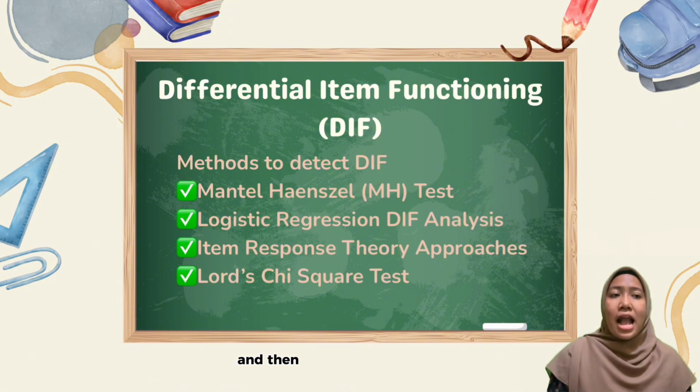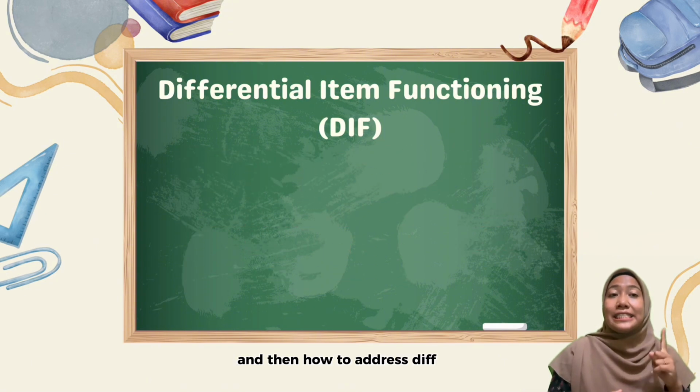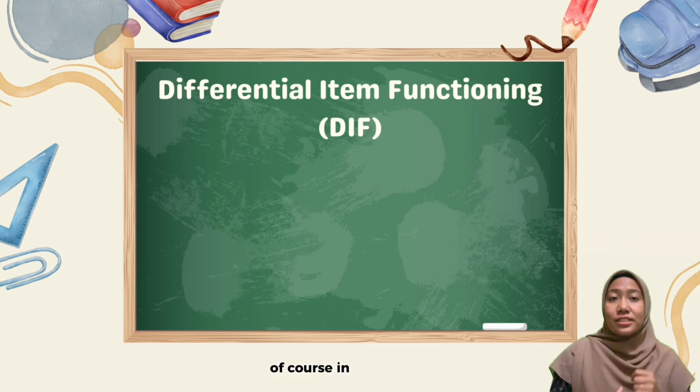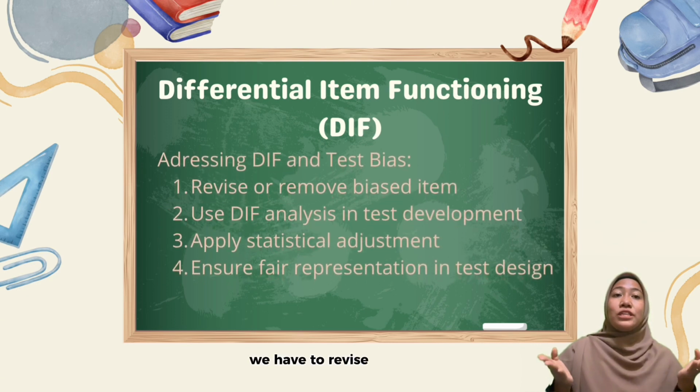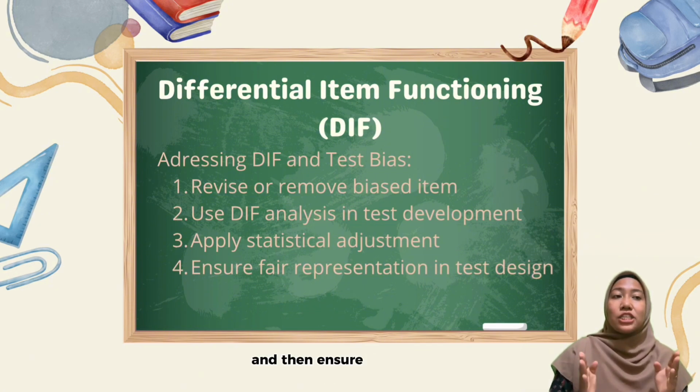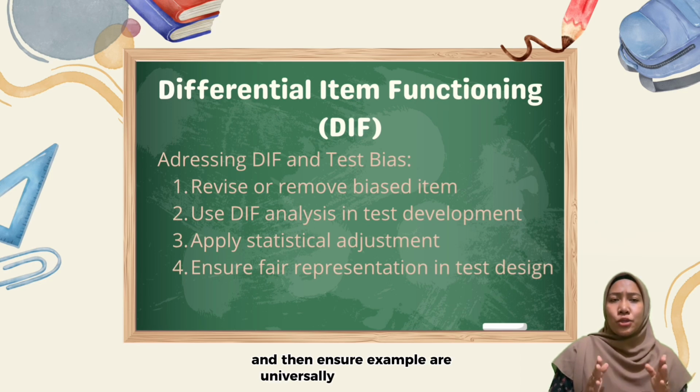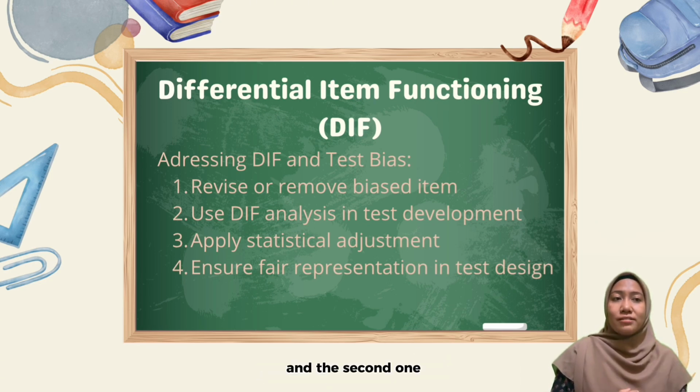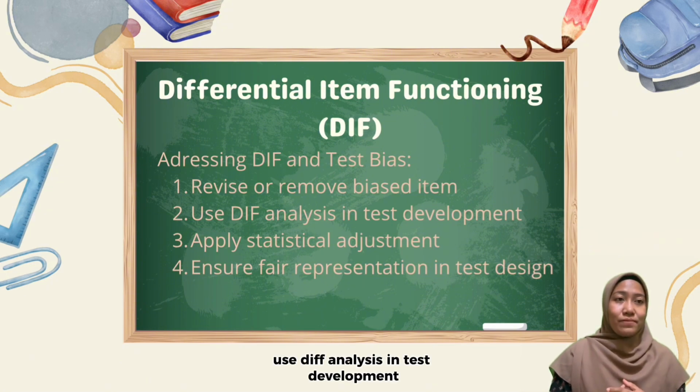And then how to address DIF and test bias? Of course, the first one, we have to revise and remove biased items, reword culturally specific language, and ensure examples are universally understandable. The second one, use DIF analysis in test development.